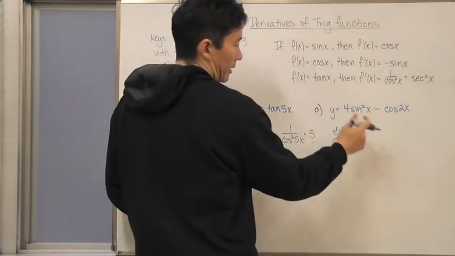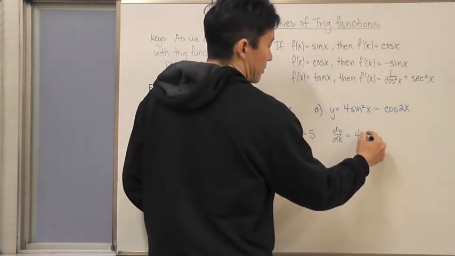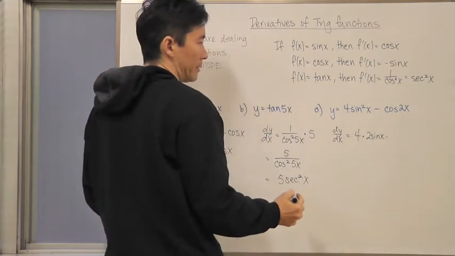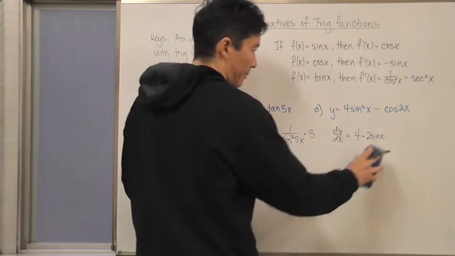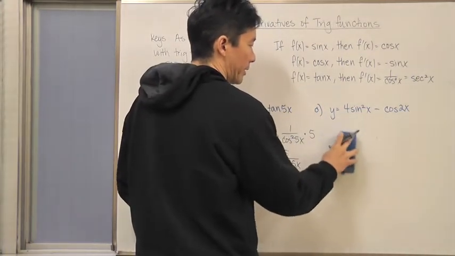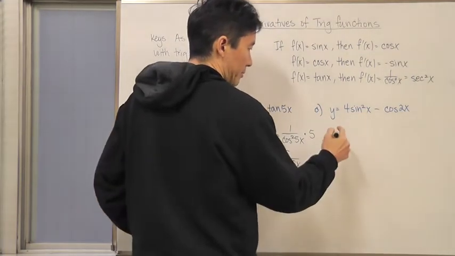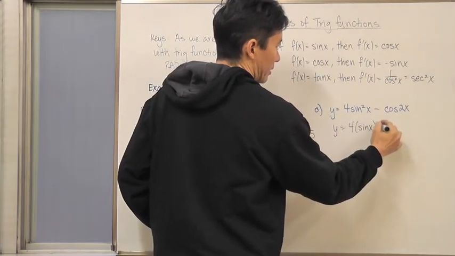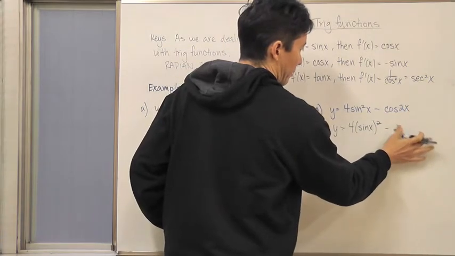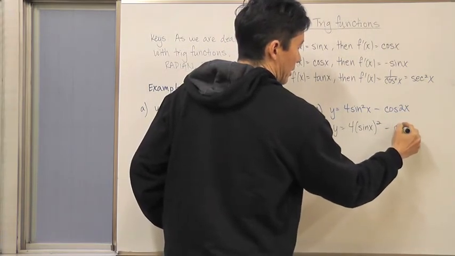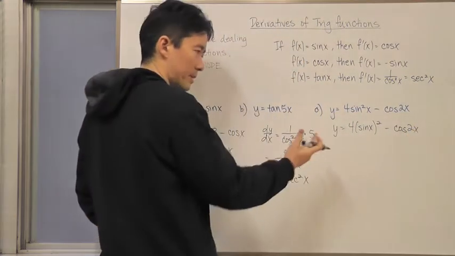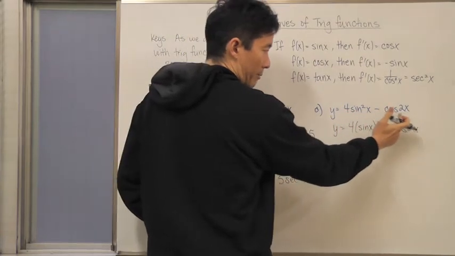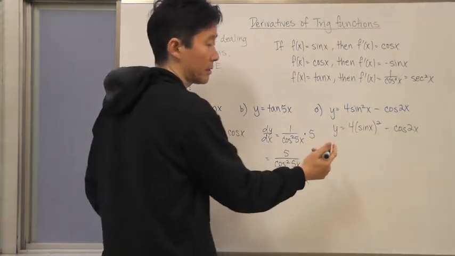Let's go ahead and write this a little bit differently so we can see how this is looking. y is equal to 4 times the sine of x squared, minus the cosine of 2x. Okay, that's basically what it looks like. Now, of course, when we want to take the derivative, we should be able to take it straight from there, but this is what it means.